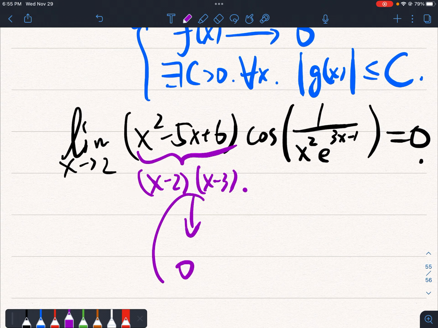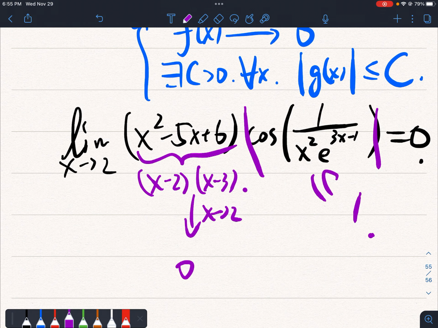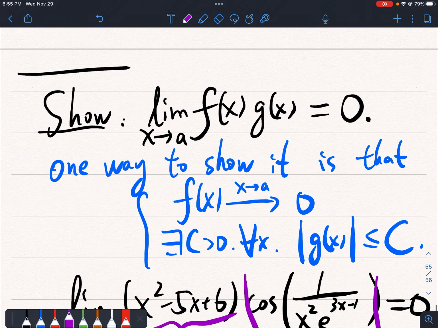When x approaches 2, this will approach 0, because 0 times anything is 0. So this limit is 0 when x approaches 2. And this is cosine of something, which is bounded, because the absolute value is less than or equal to 1. So then you can use the squeeze theorem to show that the entire limit will be 0.